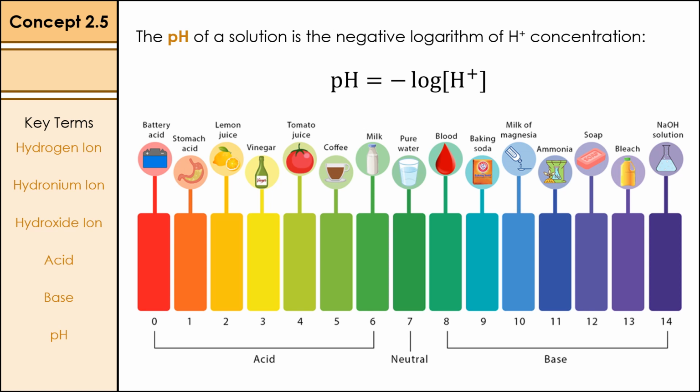Now, pH is another one of those equations that they give you on the AP formula sheet, but I want to put your minds at ease that we won't have to determine the pH of a solution. But we do want to understand what pH is. So pH is the negative log of our hydrogen ion concentration. So it is one of those pieces that increases tenfold each time we move a step.